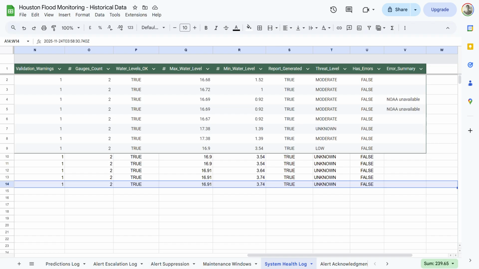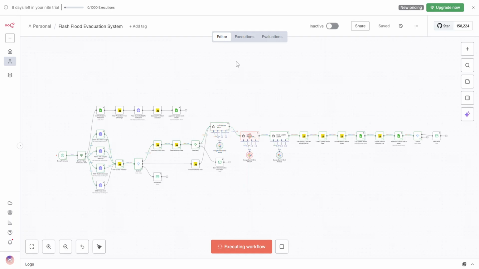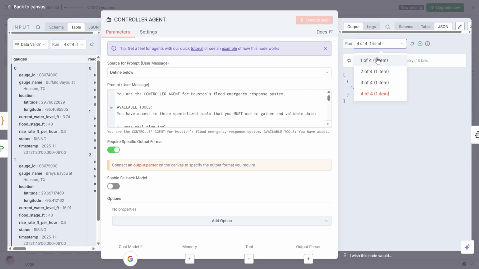If not, it won't. So now all the four of them have been executed.